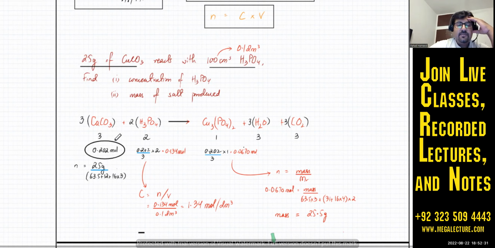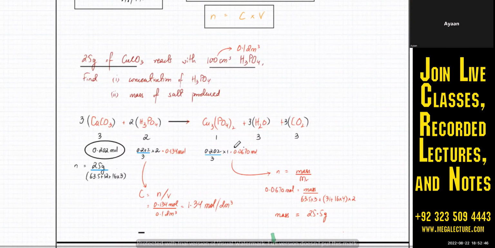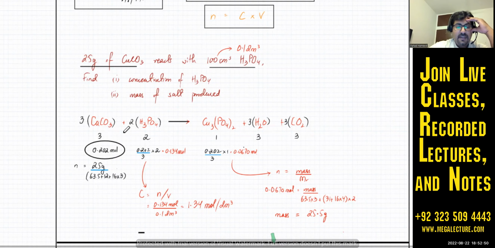So 25 grams of copper carbonate, you can figure out the moles: 25 grams divided by the molar mass of copper carbonate, and you'll figure out the moles. Once you figure out the moles, it's pretty easy to figure out the moles of every other thing. 0.202 divided by 3 into 2, that gives you the moles of this substance. 0.202 divided by 3 times 1, that will give you the moles of this thing.